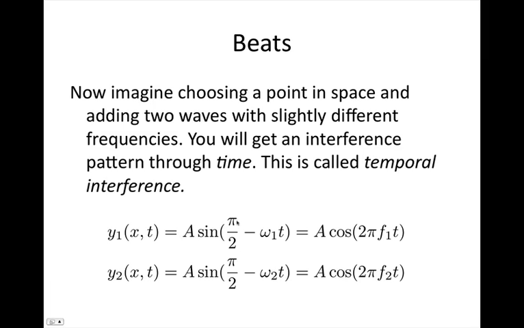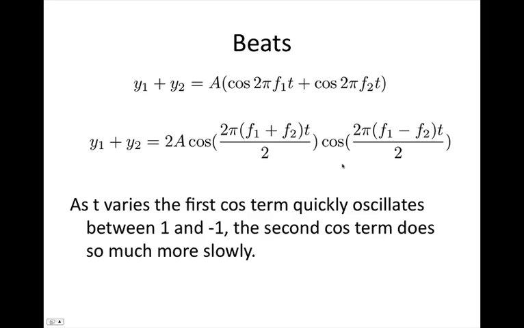So sin(π/2 − ω1t), we can write as A cos(2πf1t), and here we have A cos(2πf2t). The only reason we've put this π/2 here is so that we can make them into cos functions so that they're nice and easy to add. Okay, so y1 plus y2 is equal to A, pulling the amplitude out the front as a common factor, times cos(2πf1t) plus cos(2πf2t).